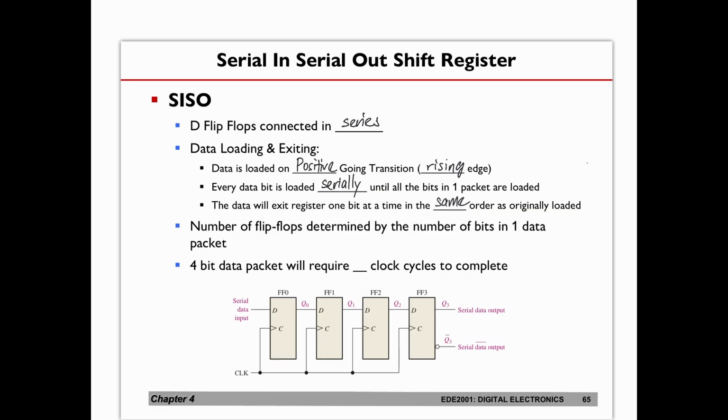From a D flip-flop perspective, whatever comes to the input, at the next PGT or rising edge, the output will equal the input. So if you have a 4-bit data packet, you will require 4 clock cycles to complete the entire process of shifting all the data into the registers one by one.